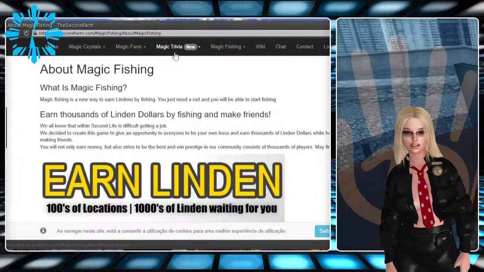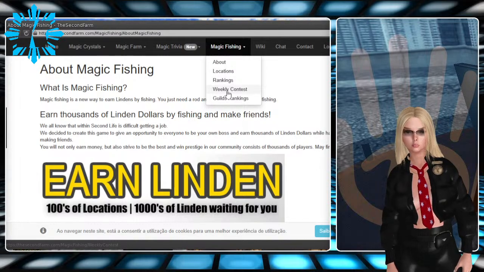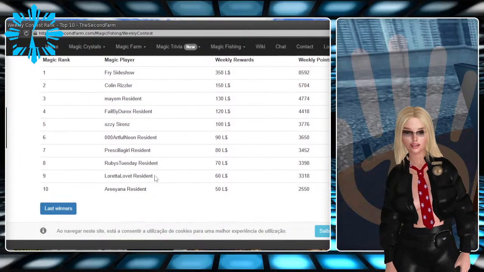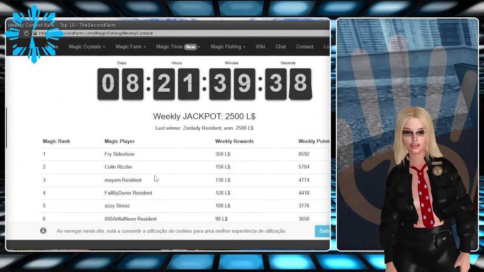They have Magic Trivia, Magic Farm, and Magic Crystals. Let's see here. Location rankings, weekly. There's a weekly contest. Whoa. So there you go. If you spend a lot of time fishing, you could probably win 350 Linden dollars. Wow. Okay.